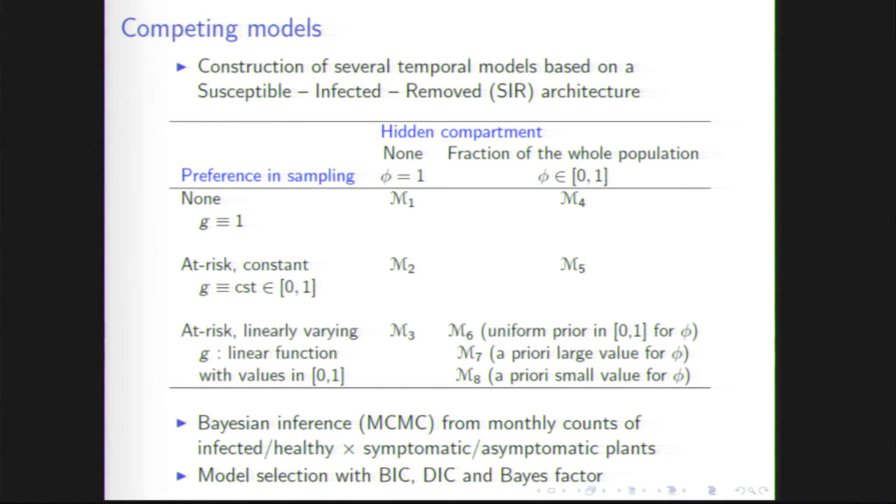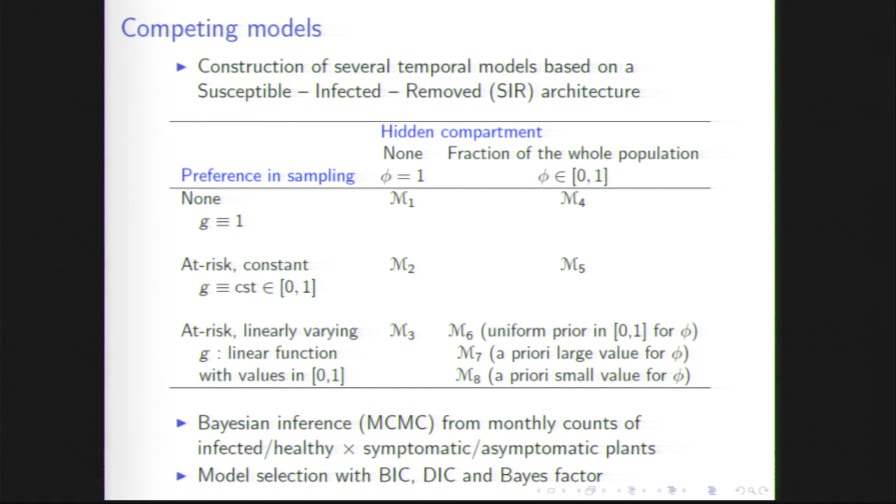And concerning the preference in sampling, we consider three options. In the first option, sampling is uniformly random across the whole host population. In the second option, there is a preference for sampling at-risk hosts, but this preference is constant in time. And in the third option, there is also a preference in sampling at-risk hosts, but this preference varies in time.